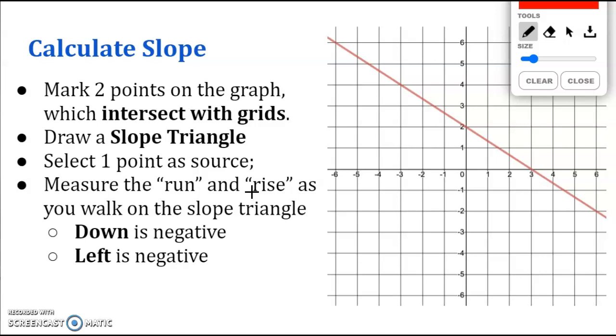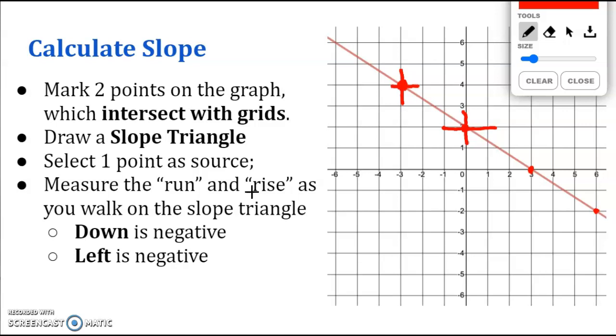Whereas this one is going through the grid exactly, so this is a good one. This point is no good. This is no good. And this is another good one. Why? Because the graph intersects the grid exactly. So these two are good ones, and so will be this one, and so will be this one, because they are going through the grid exactly.